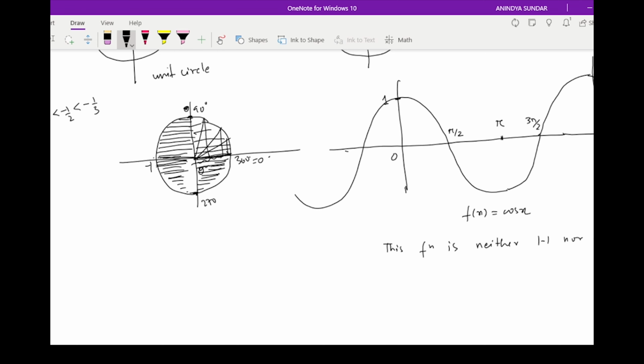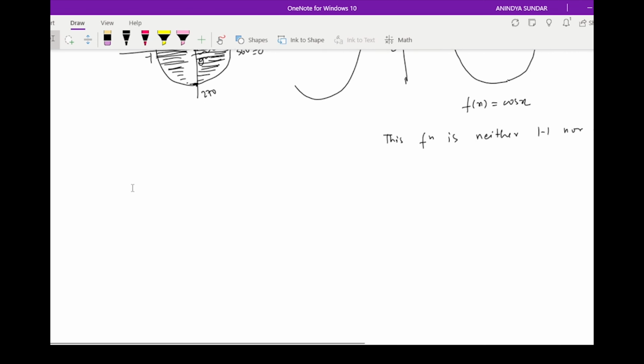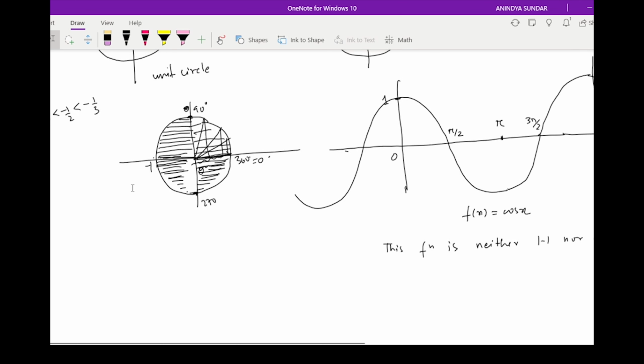So in order to make this function one-one and onto, I need to restrict it. How much portion should I take from this cos function so that it becomes one-one and onto? Just take from 0 to pi.